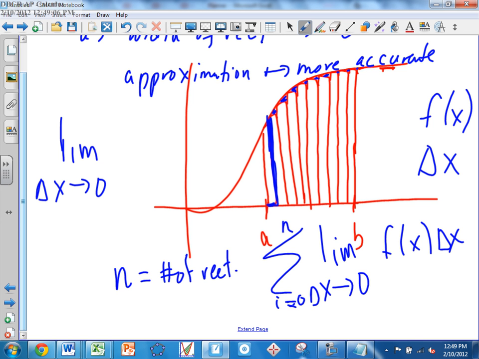This number might be like 10, so you'd say you have 10 rectangles. You want the limit as the width goes to 0 of the width times the height. So you want it to have smaller and smaller rectangles. So you want n to really go to infinity. You want to have as many rectangles as possible. If you can have an infinite amount of rectangles, then the answer is pretty much exact. Now let me show you with GeoGebra what this means. Again, it helps a lot with the illustration I'm about to show you here.